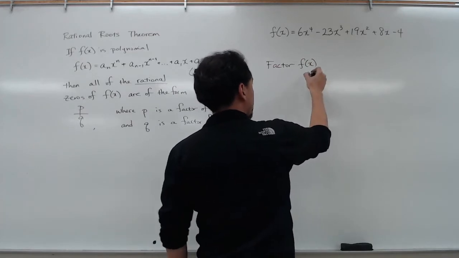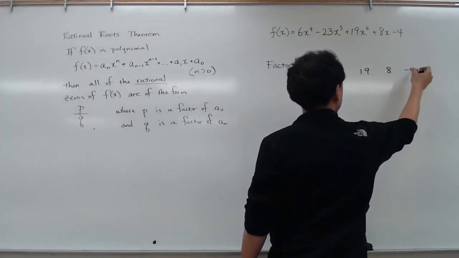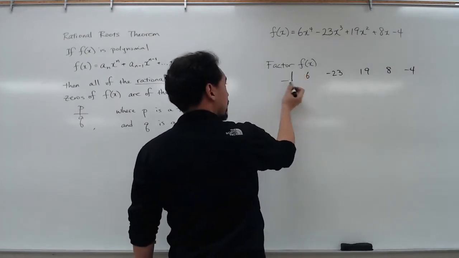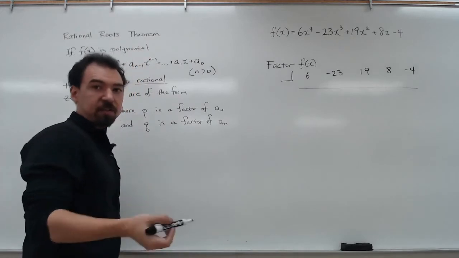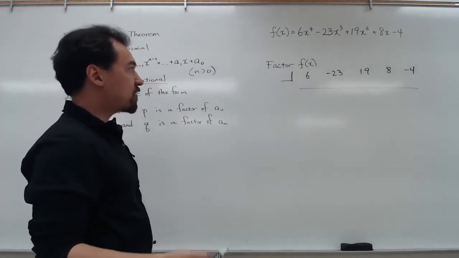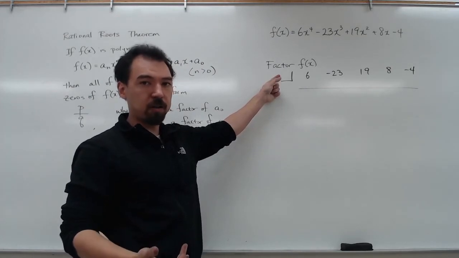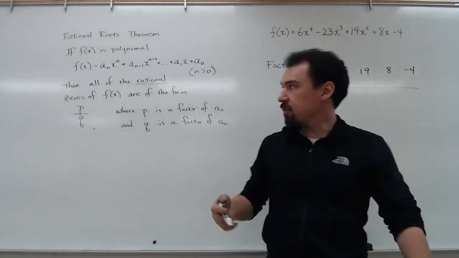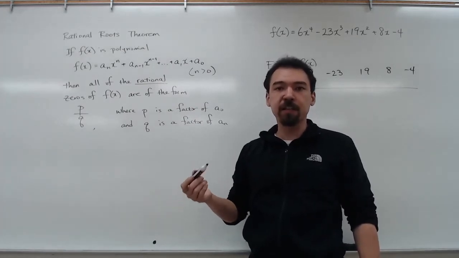We're going to attempt synthetic division. What we're trying to do is guess a number in the box here that will give us 0 remainder, and that will tell us the 0. So last time I cheated, and I put in numbers here that I knew were going to work. But this time, let's learn the rational roots theorem. This is a way that helps us guess numbers.